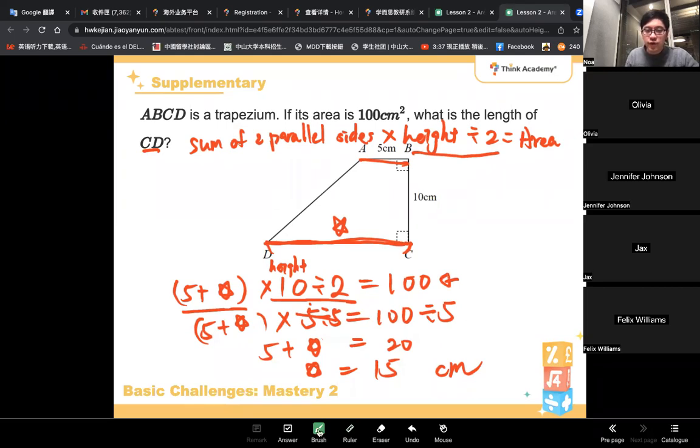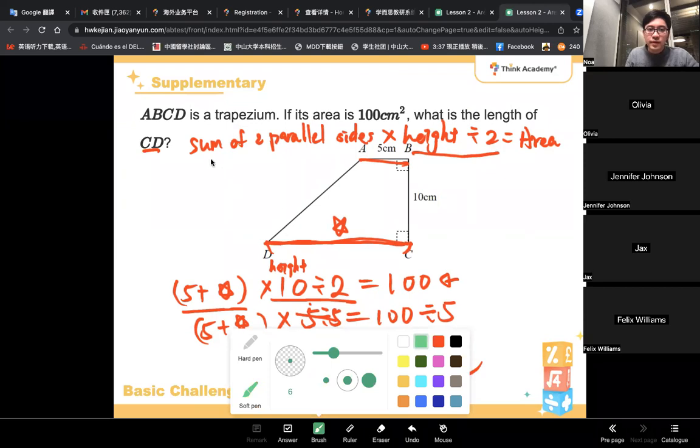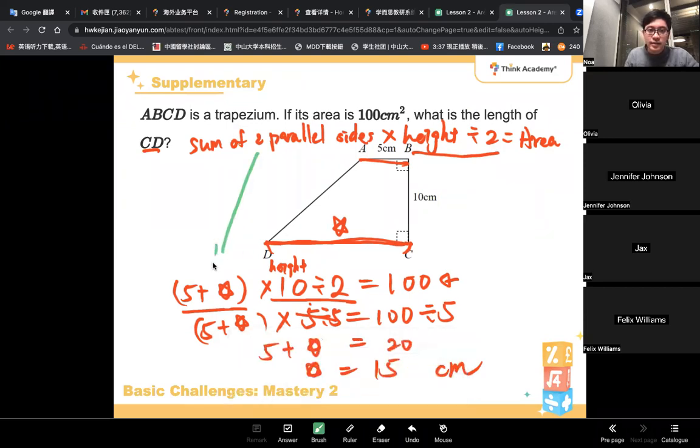This is just from our formula. The formula is the sum of our parallel sides, so I add them together. 5, firstly I used CD, now I use the star. That's the sum of our parallel sides.